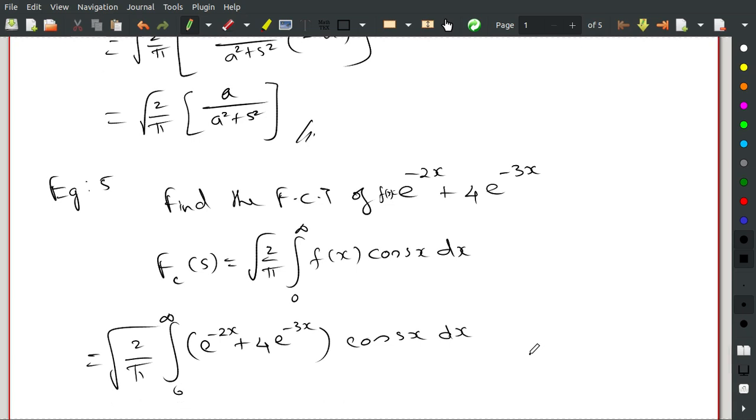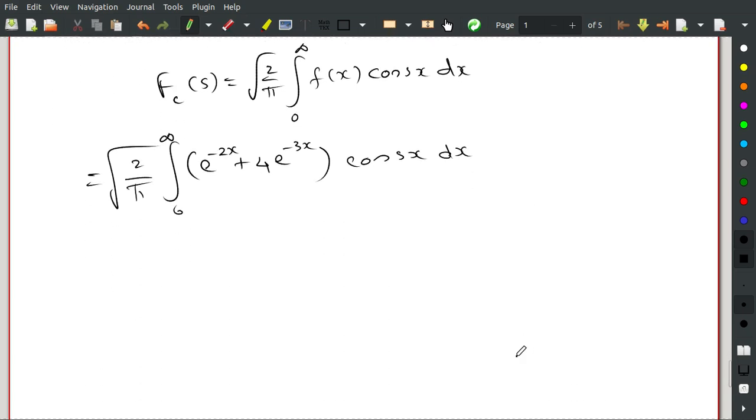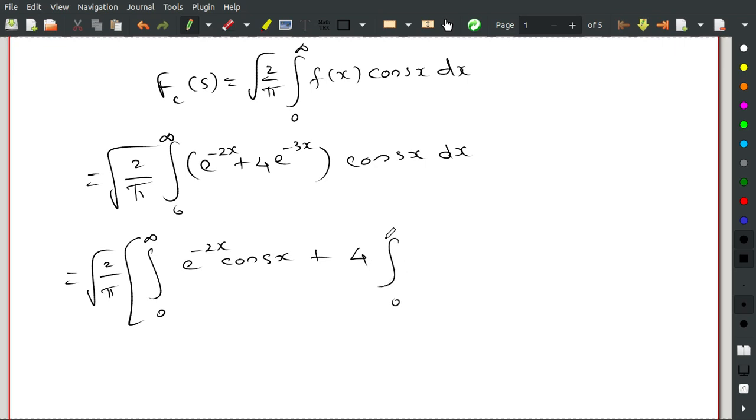Okay, again we have to use the previous formula, where instead of a we have 2 here. Therefore it is root 2 by pi, integral 0 to infinity e power minus 2x cos sx plus 4 times integral 0 to infinity e power minus 3x cos sx dx.